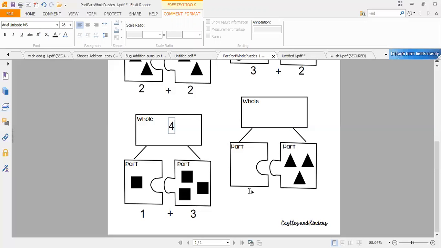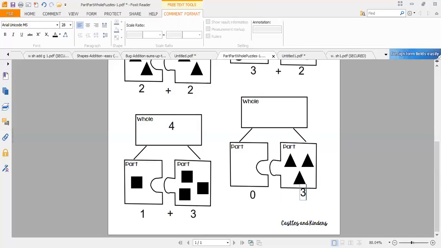Okay, the last example. Here we have 2 parts. In the first part, we don't have any triangles. It's nothing, so you will write 0. Do you see any triangles? No. So we will write 0. In the second part, we have 3 triangles.